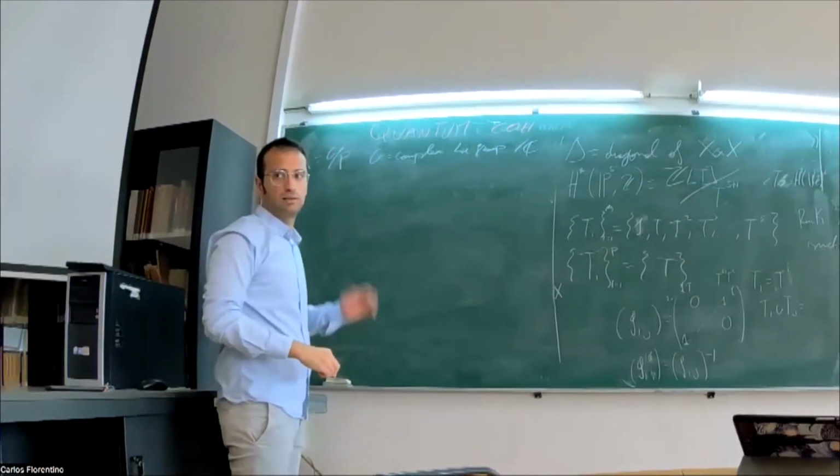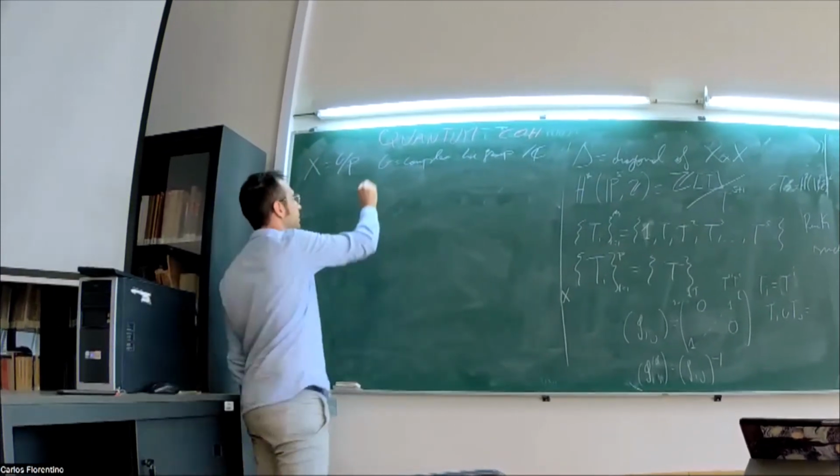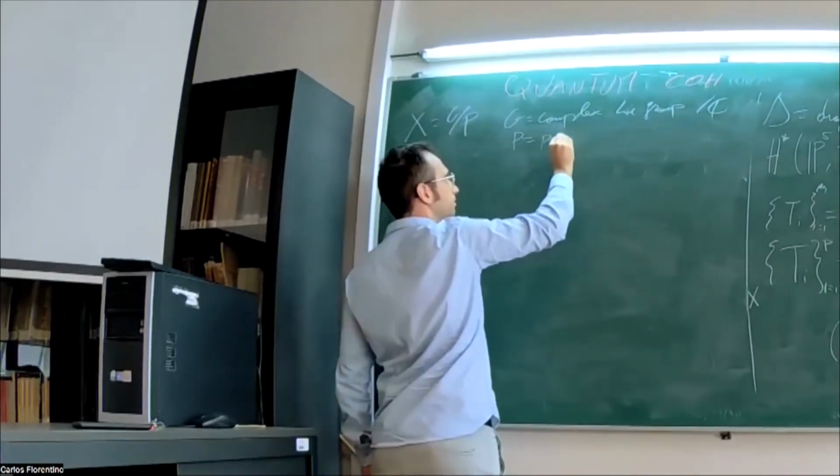And so G is reductive, and P is a parabolic.